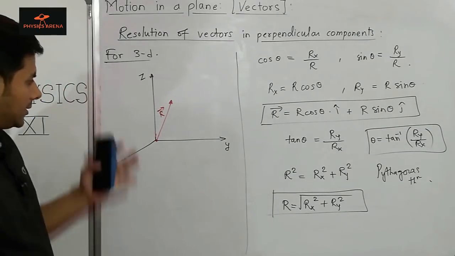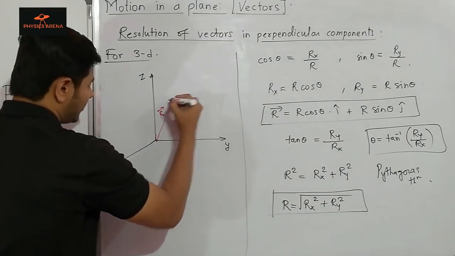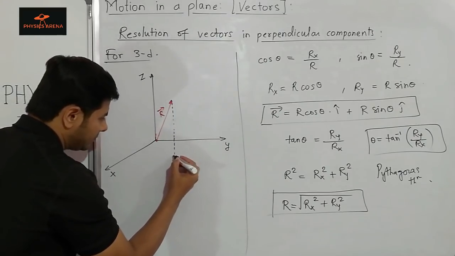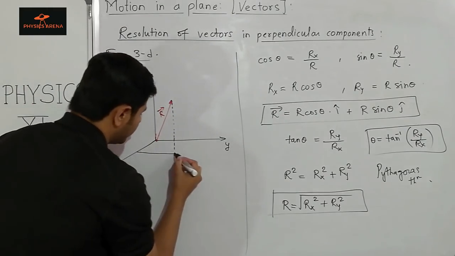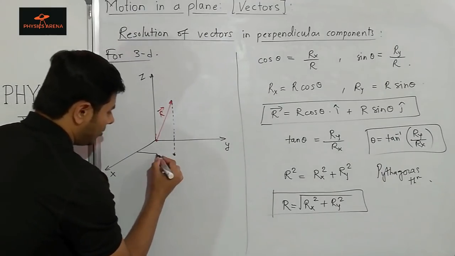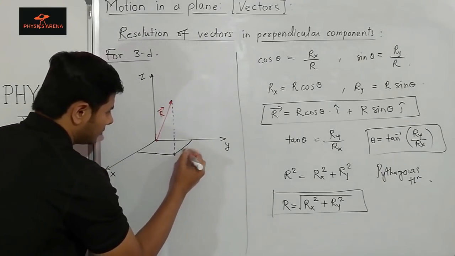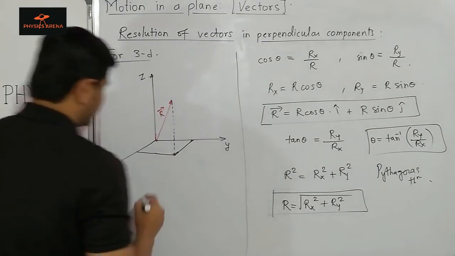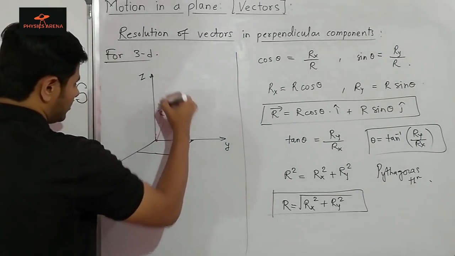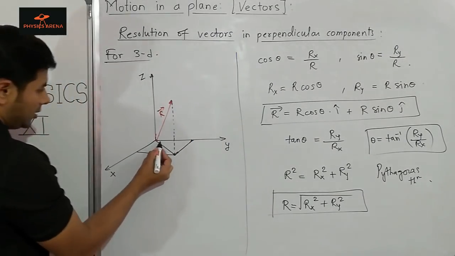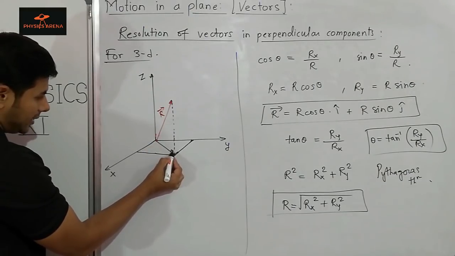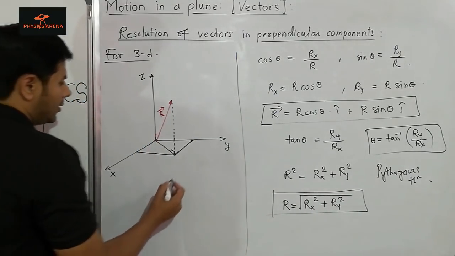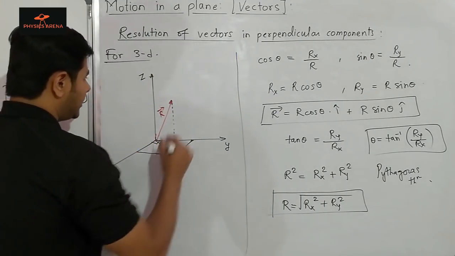Now let's draw a perpendicular from the tip of R bar on this xy plane. So suppose it meets here. Then draw a perpendicular from here. So these are perpendiculars. Then let's join this. So this angle is 90 degrees, this angle is 90 degrees because it's a perpendicular, and this angle is 90 degrees.